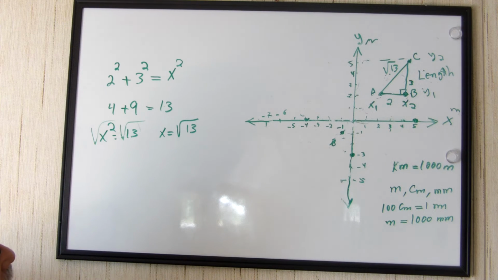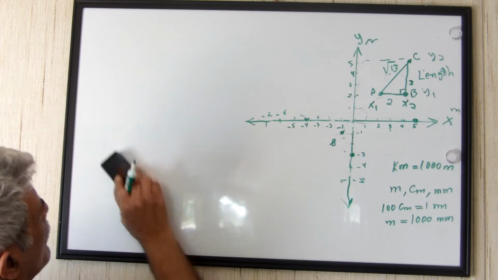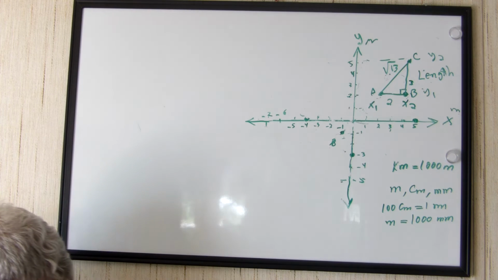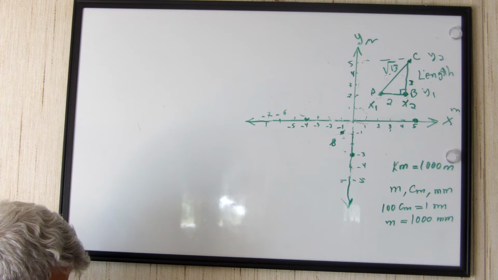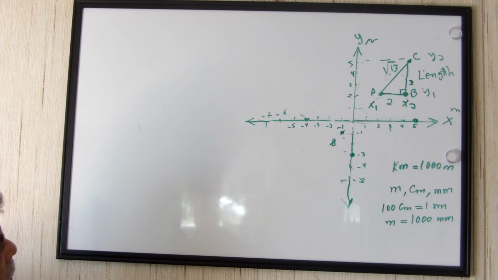Now let's talk about the functions first. We have different kinds of functions. Before we get into the linear function, we are going to talk about different functions: the linear function, quadratic function, logarithmic function, exponential functions, and others that we will talk about in detail later.